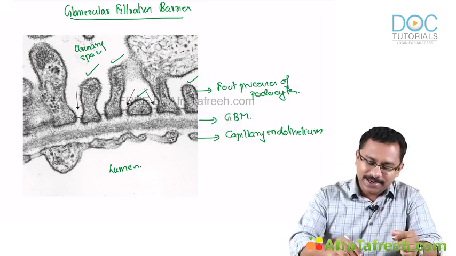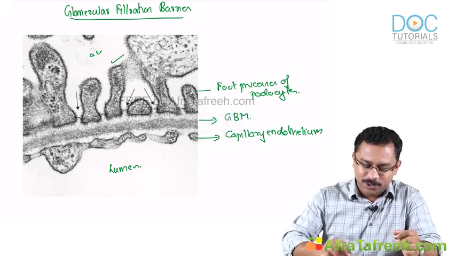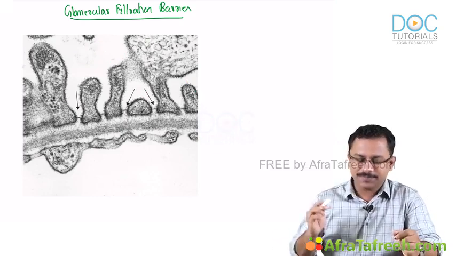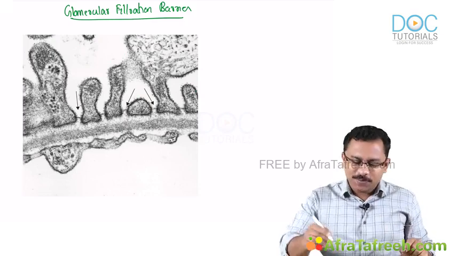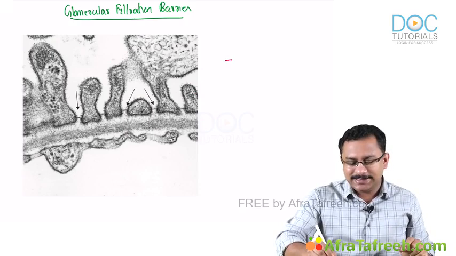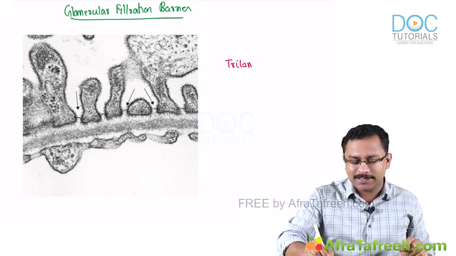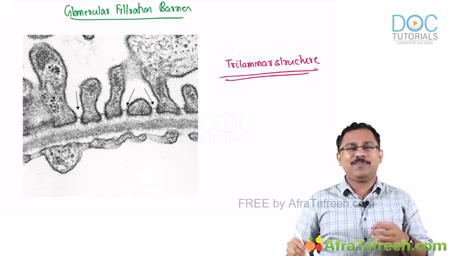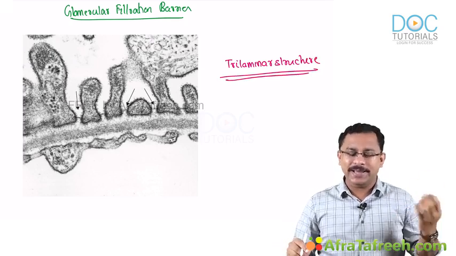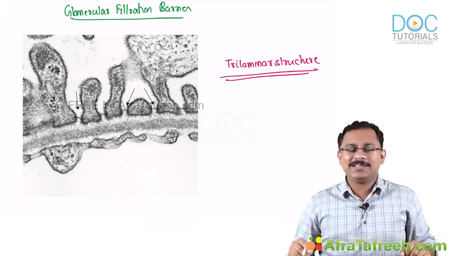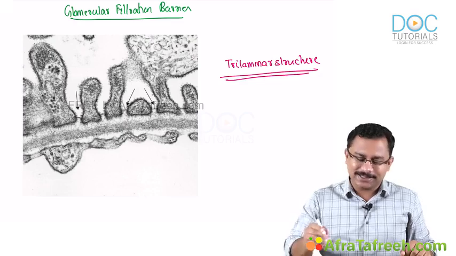And just one more point I want to tell you about the glomerular basement membrane. If you carefully observe it, you will understand that this is a trilaminar structure. Obviously, you won't be able to appreciate the finer details in a light microscope, but in an electron microscope, as shown in your image, you can see the trilaminar structure.